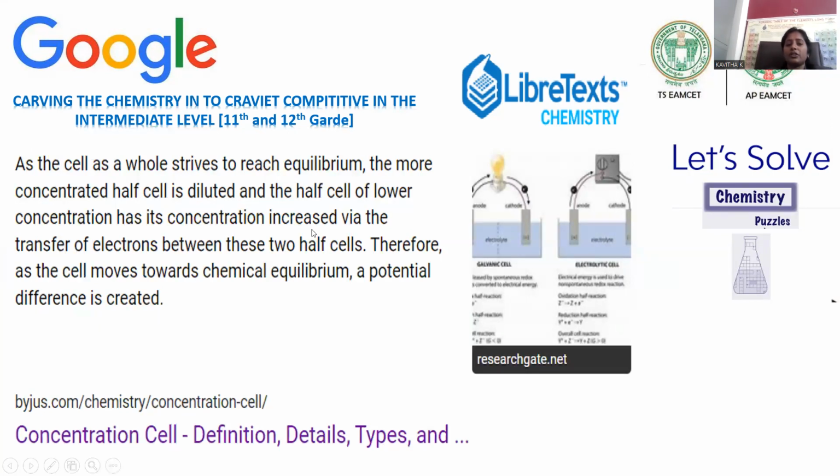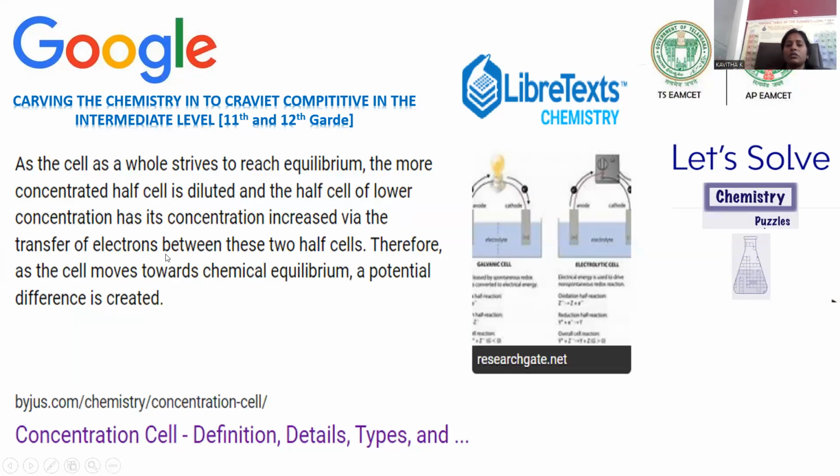Wherever the concentration is lower, slowly the concentration is raised via transfer of electrons between the two half cells, until both reach equilibrium, right?